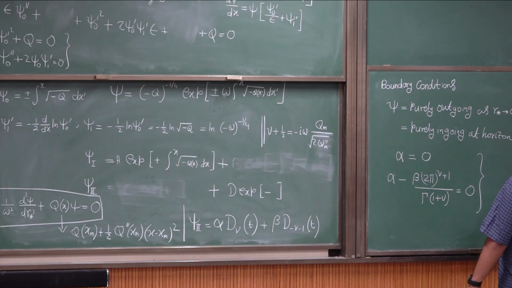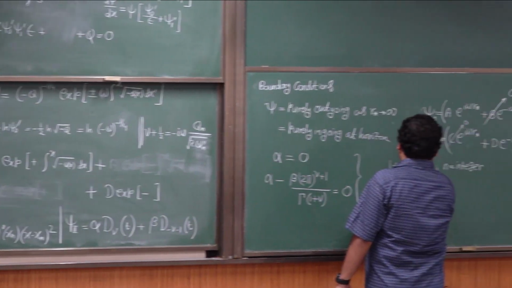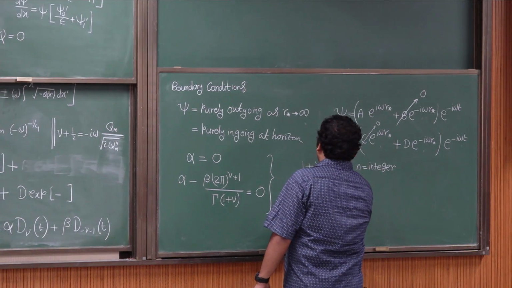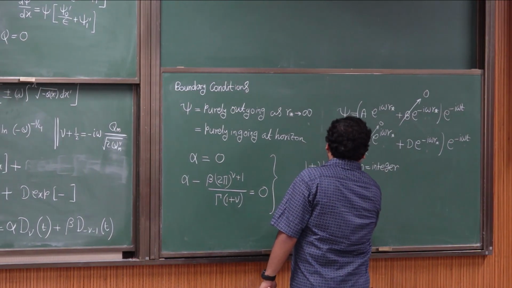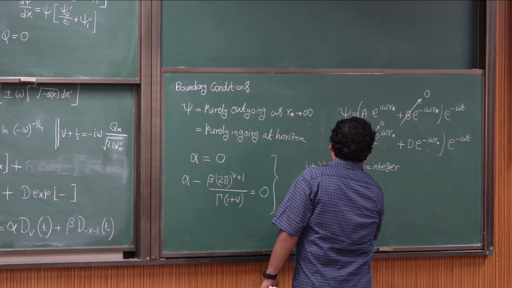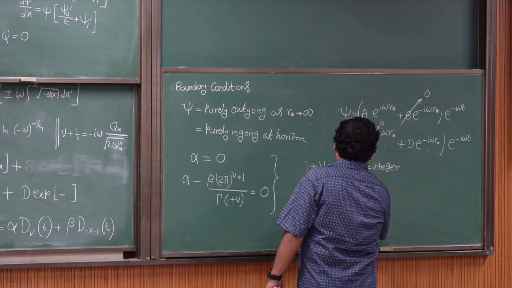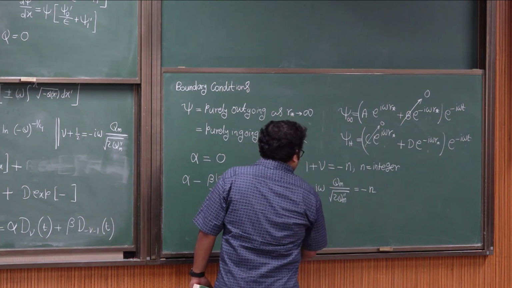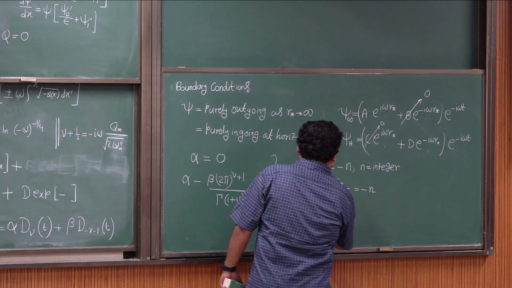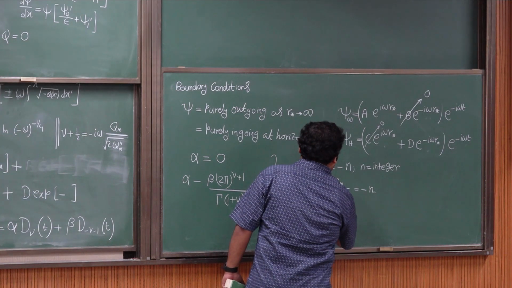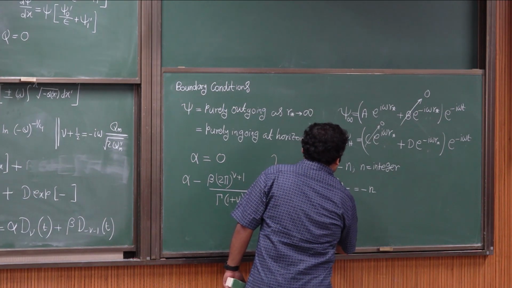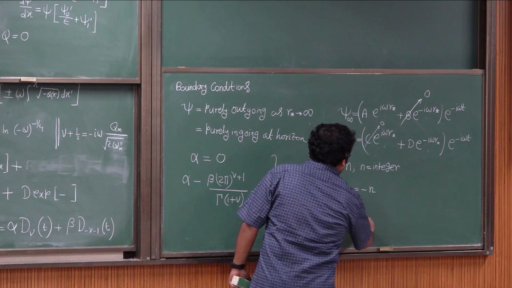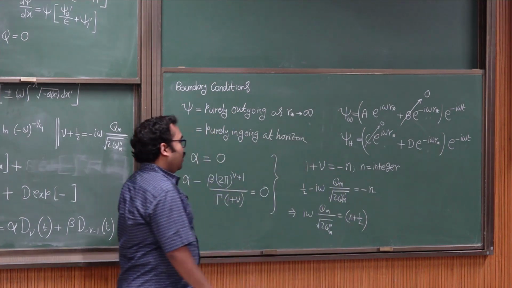That means I have nu plus half, which means I have half minus i omega Qm by root 2 Qm double prime equal to minus n, which implies that i omega Qm equals n plus half.